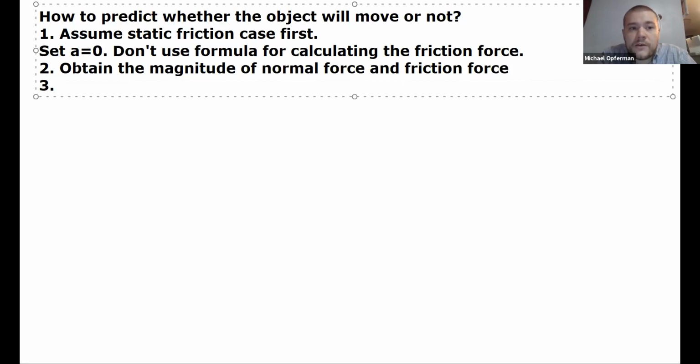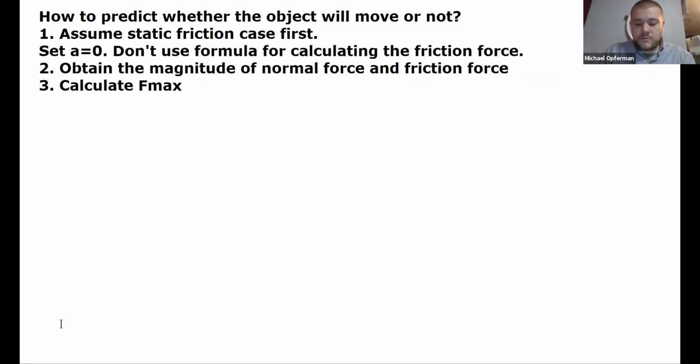And next, you calculate F max, which, remember, is the coefficient of static friction times the normal force. Let me just write that in here. So you calculate F max, which is mu sub s times the normal force. And remember, F max represents the maximum possible value of the static friction force.